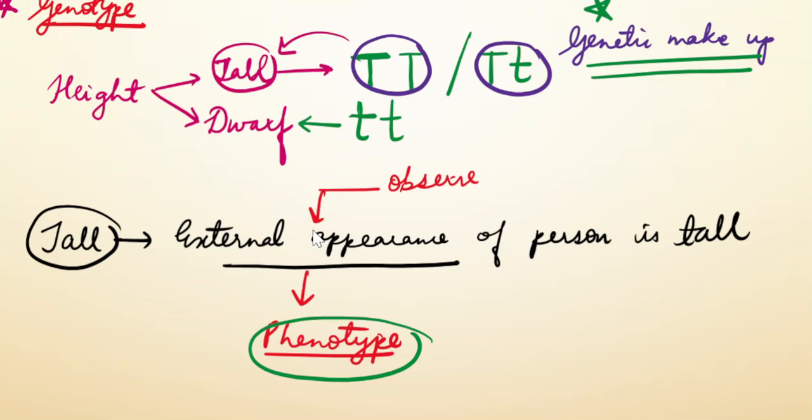But if at gene level, what the genetic makeup of that organism is made up of, or you can say what the constituents are, that is known as genotype. I hope that these two terms, genotype and phenotype, will be clear.